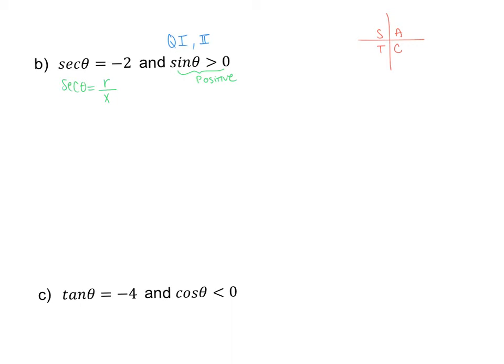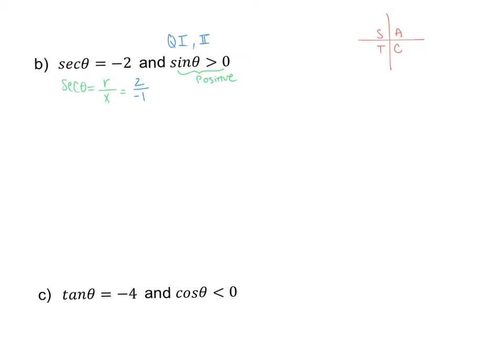If that's the case, this is equal to negative 2, or we can think of it as negative 2 over 1. Here's the thing. We know that the radius can never be negative. So this 2 can't be a negative 2. So I'm going to erase that part and write this as a positive 2. That means that the x had to have been a negative 1.